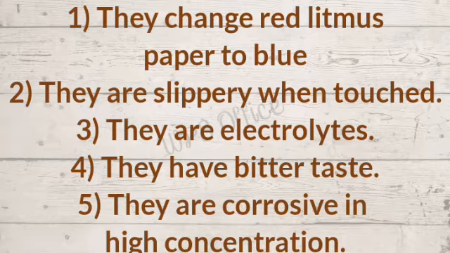They have bitter tastes. 5. They are corrosive in high concentration. That means when they are mixed with acid or they have high solubility, they are corrosive. So these are physical properties of a base.